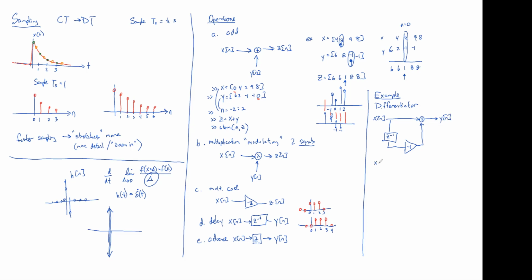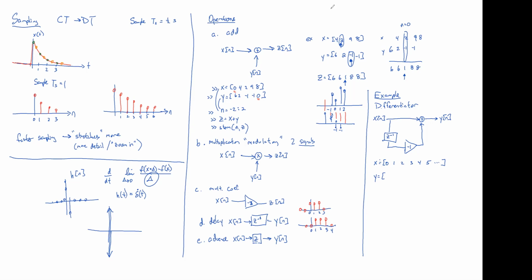If I feed it an x of 0, 1, 2, 3, 4, 5, and so on, what will my y be? Okay, so to figure out what's going on here, we've got to firstly set things up. What was my x before time equals 0?